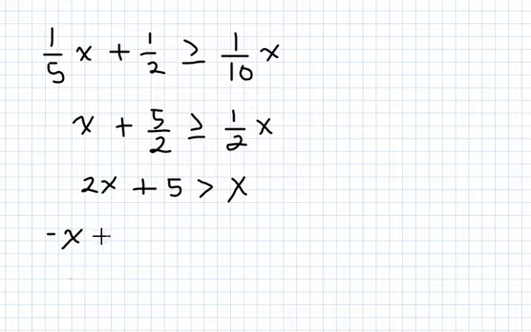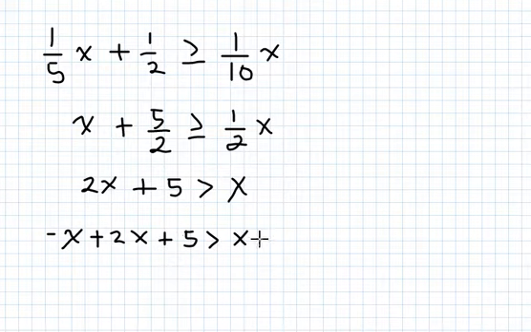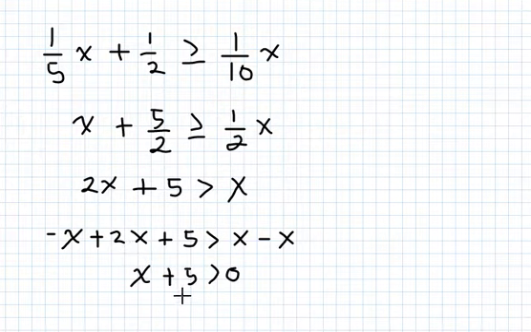So I'm going to go ahead and write that step out. So x minus x is 0. And negative x plus 2x leaves us with an x plus 5.